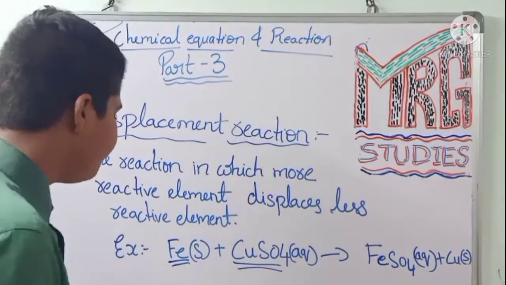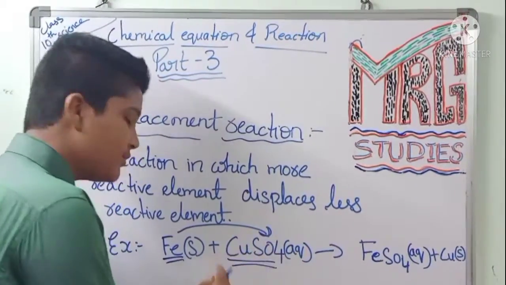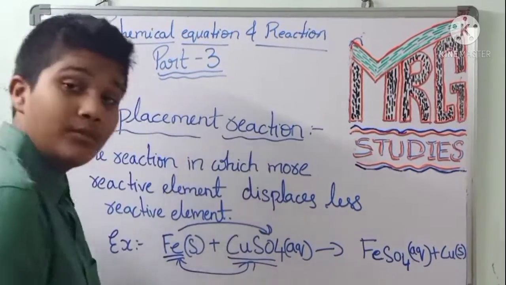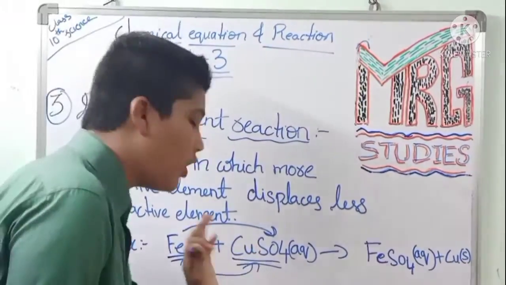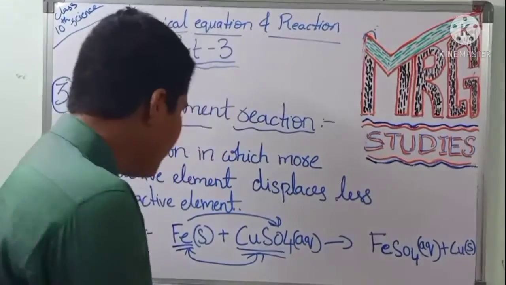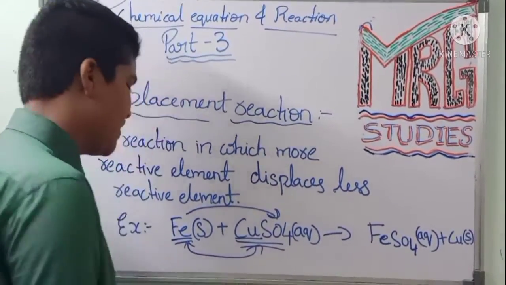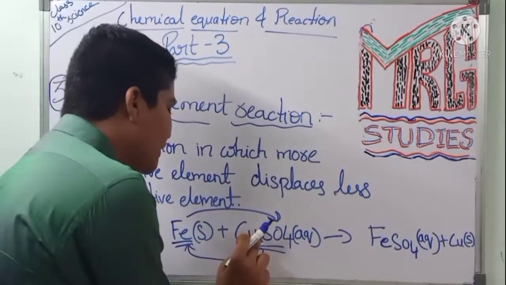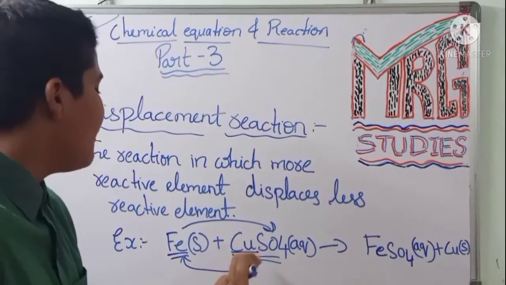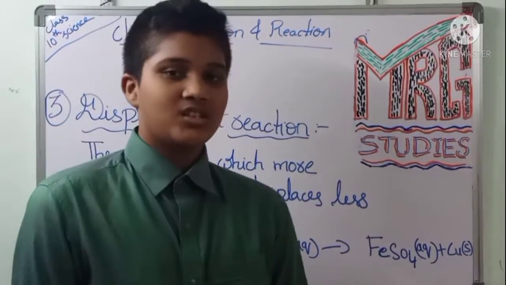If this Fe reacts with this substance, iron is a more reactive element than copper.